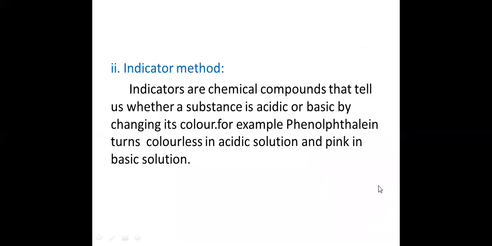Indicator method. Indicators are chemical compounds that tell us whether a substance is acidic or basic by changing its color. For example, phenolphthalein is an indicator and it turns colorless in acidic solution and pink in basic solution.